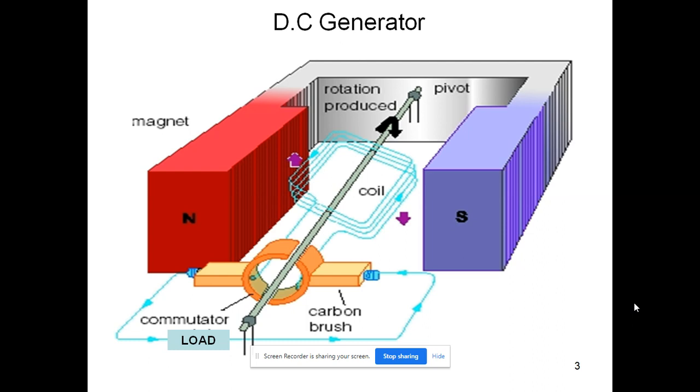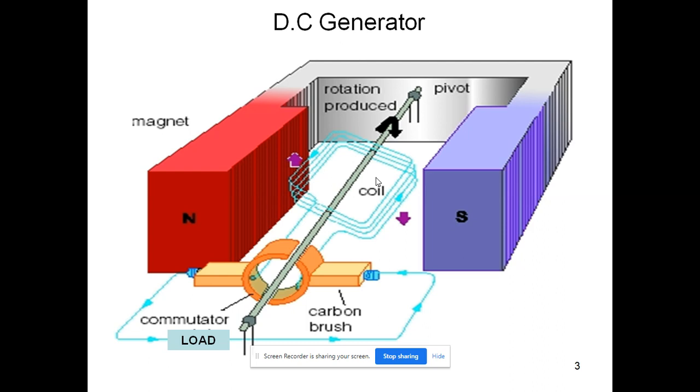We can also see a rectangular coil in the middle of the magnets. When this coil gets rotated, this coil starts cutting the magnetic flux lines. When the conductor cuts the magnetic flux, an EMF will be induced.